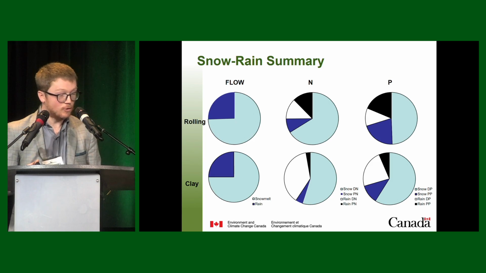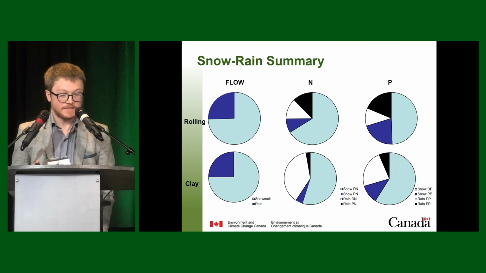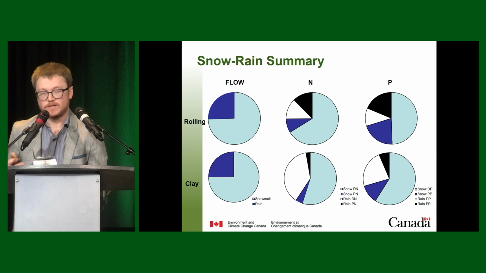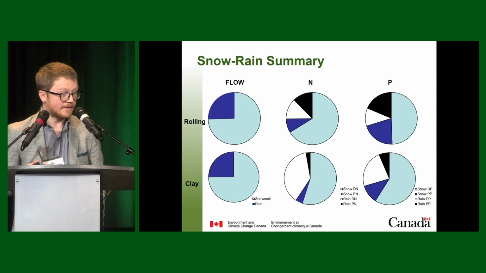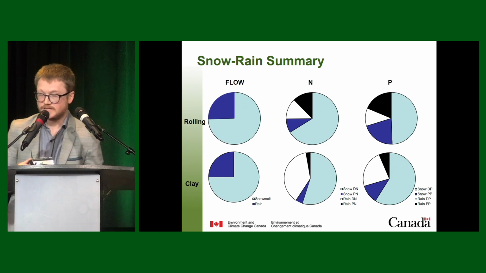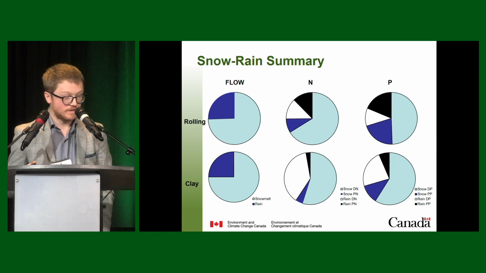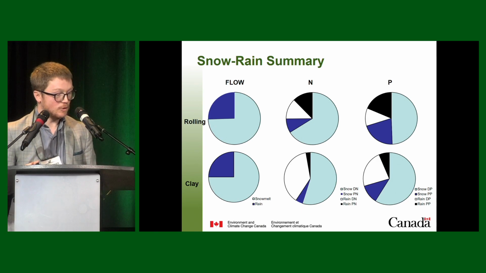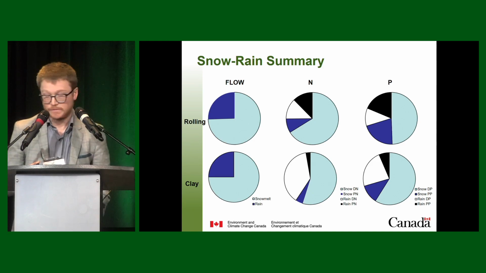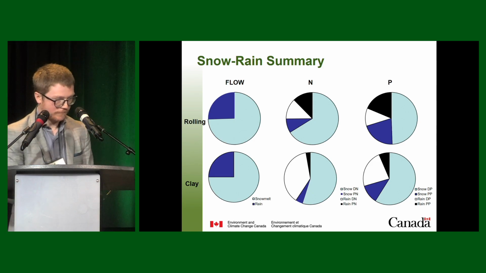But we're seeing notably a difference in the clay site where the dissolved nitrogen in the rainwater is making a relatively larger contribution with that white portion of the graph. And then for the total phosphorus load, we're seeing about 50% for the rolling site for dissolved phosphorus in the snowmelt, and we're seeing a larger contribution of that particulate fraction on that site of rolling topography.